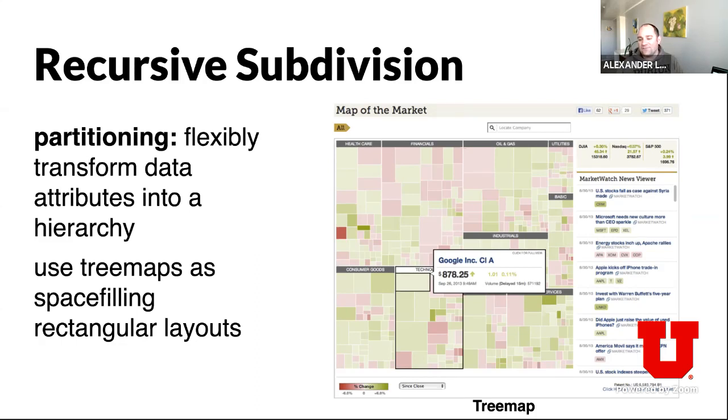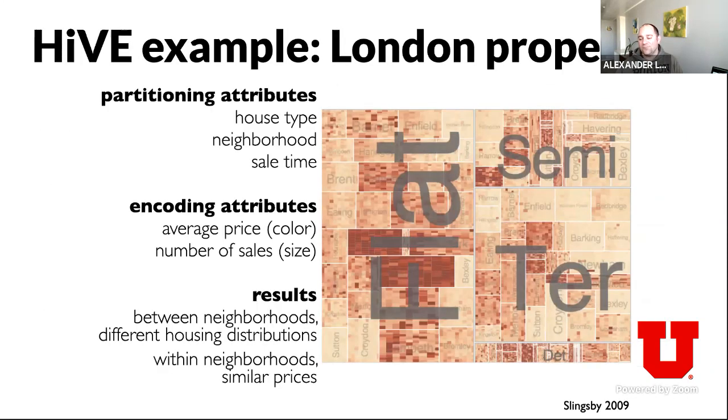So if you have a more or less tabular data set, like market information on the stock market, you could introduce a hierarchy, right? You could say my top level hierarchy is the industry sector. My second level hierarchy is whether these companies are profitable or not, and so on. And so you could dynamically create the hierarchy. And this is exactly what this particular tool here does.